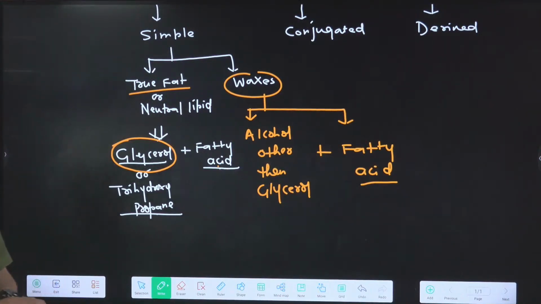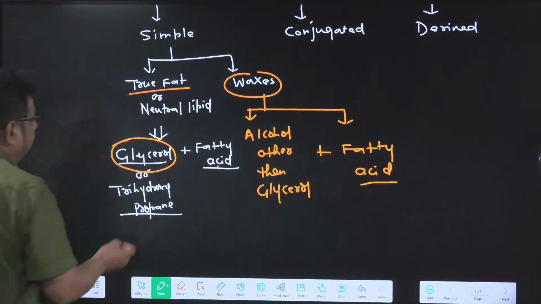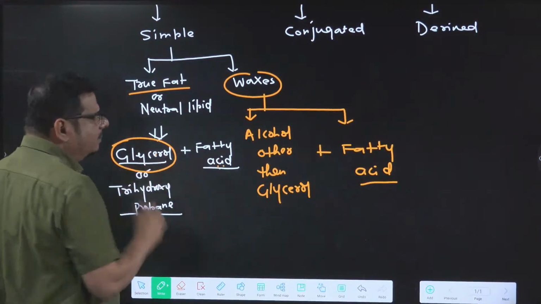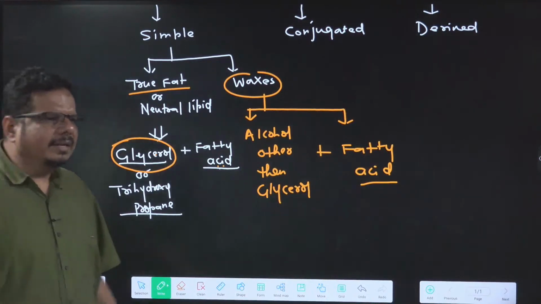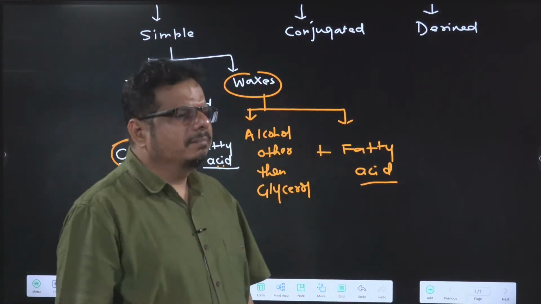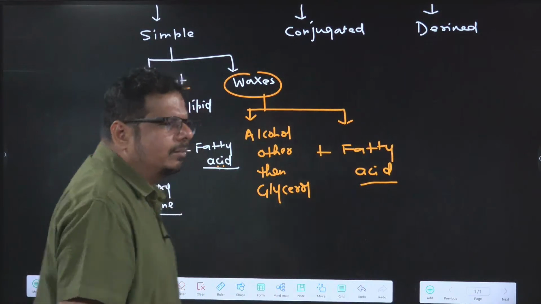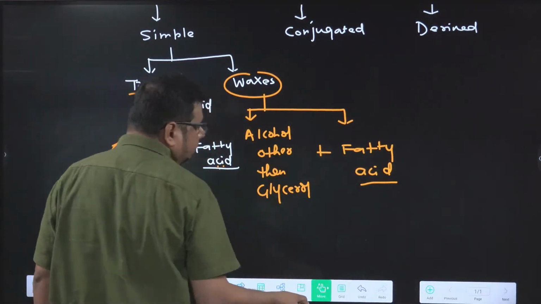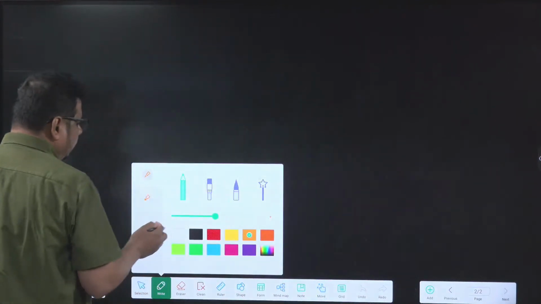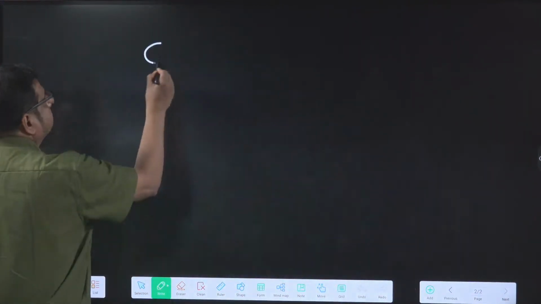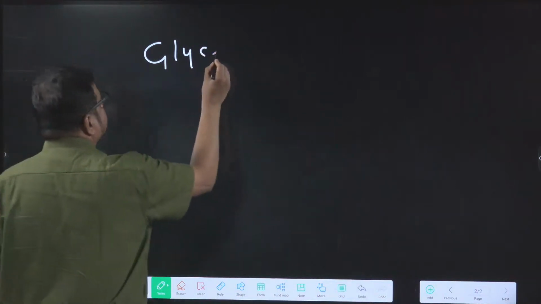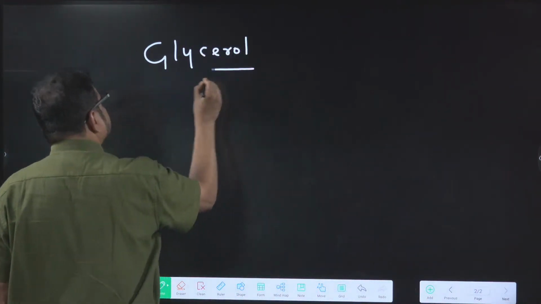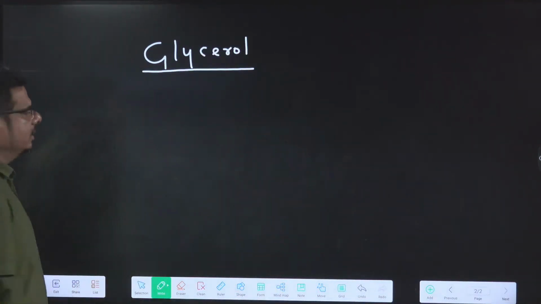Done? Clear? Now I am telling you individually about glycerol, individually about fatty acid. These are also called a part of simple lipid. So we are going to talk about glycerol now. Have a look. Glycerol.